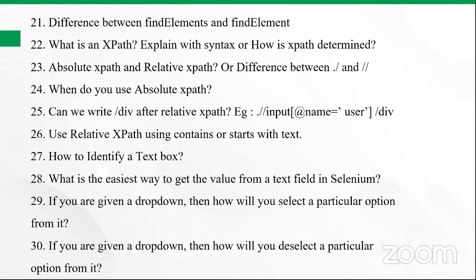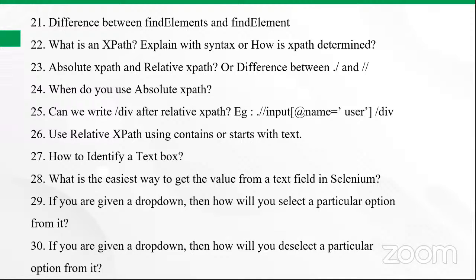That is what we are doing here. We are first identifying a stable element, the element with name attribute equal to user, and then we are navigating to the next div. The next div is where our element is. I hope it is clear.